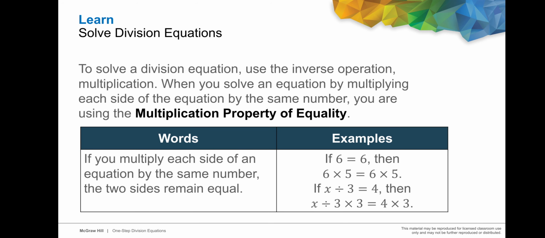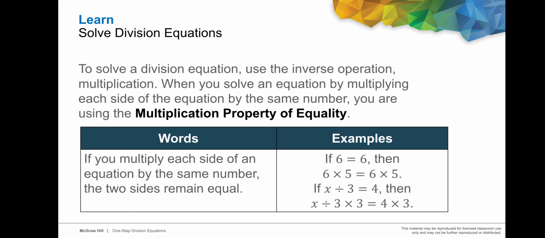Now let's go to the second part of the lesson. To solve division equations, I use the inverse operation, which is multiplication. Since I'm talking about division, and I know that division and multiplication belong to the same family, I will use the multiplication property of equality.